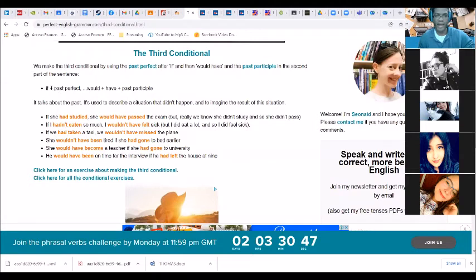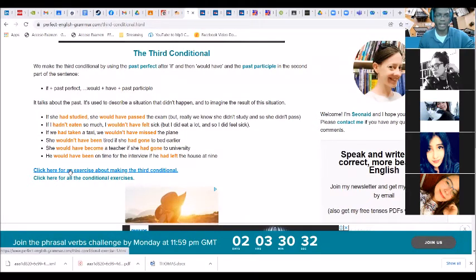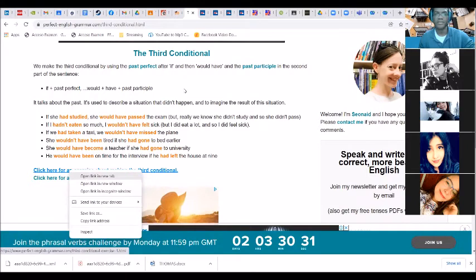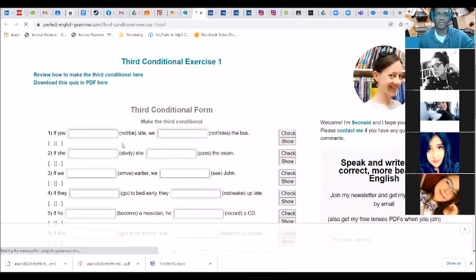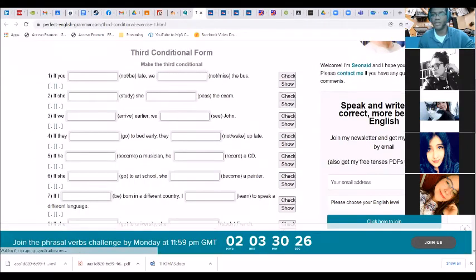We use the past perfect in the condition and would plus the present perfect in the result. All right, let's see if you can manage. Starting from the top of the list, Emiliano, number 1.